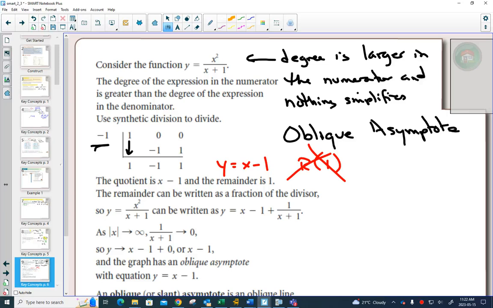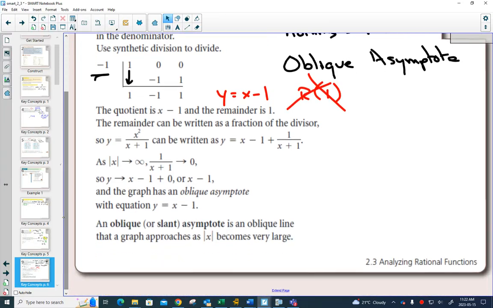If you are interested in that, go ahead and read some more of why the oblique asymptote happens. It's basically saying that as you put in something bigger and bigger, this is going to get closer and closer to this line as its end behavior.